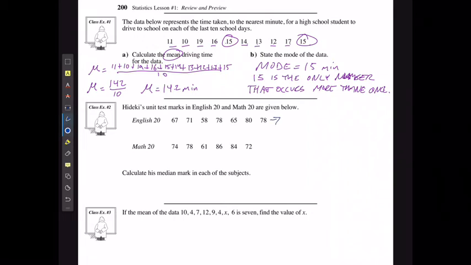So for English, I'm going to start with the lowest one, 58. Then I'm going to go up to 65, 67, 71, 78, 78, and 80. For Math, I'm going to do the same thing, and I'm going to go 61, 72, 74, 78, 84, and 86.